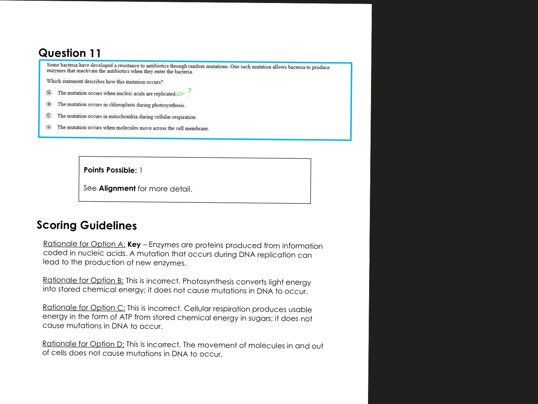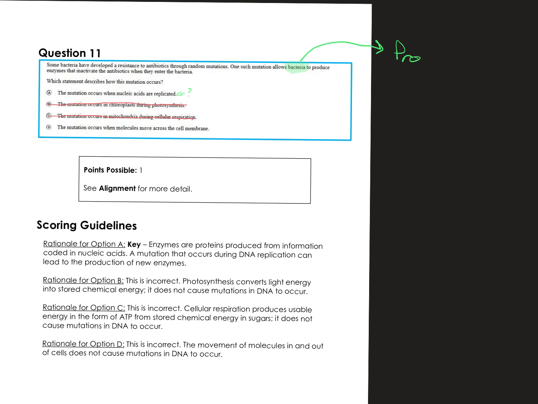Mutation occurs in chloroplasts during photosynthesis. Well, that's no. Come on. Mutations, you're thinking DNA. Mutation occurs in mitochondria, again, during cellular respiration. No. Although that can happen because both chloroplasts and mitochondria have DNA, first of all, let's be clear why that's impossible. I want to point out this says it's a bacteria. I'm remembering that a bacteria is a prokaryote.